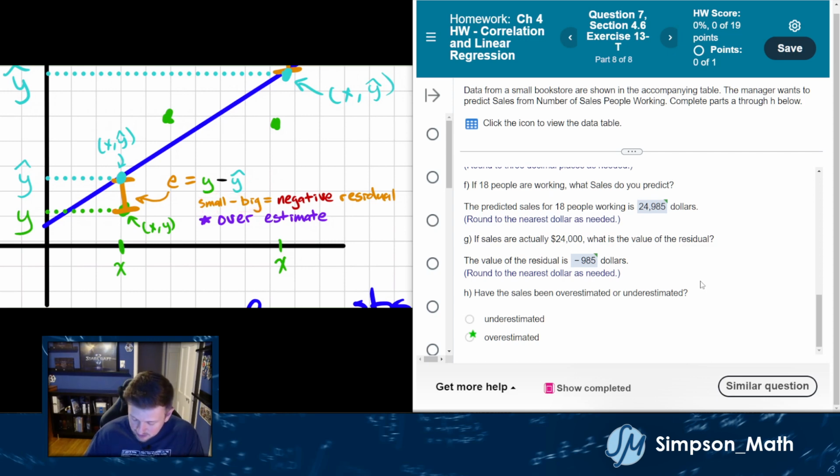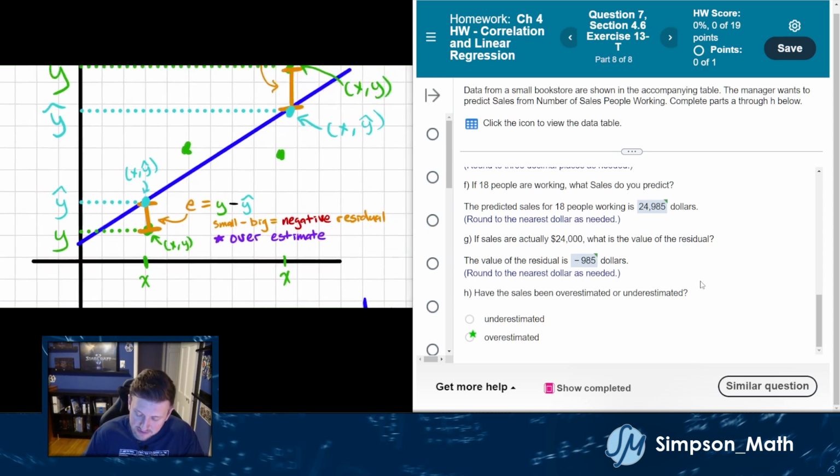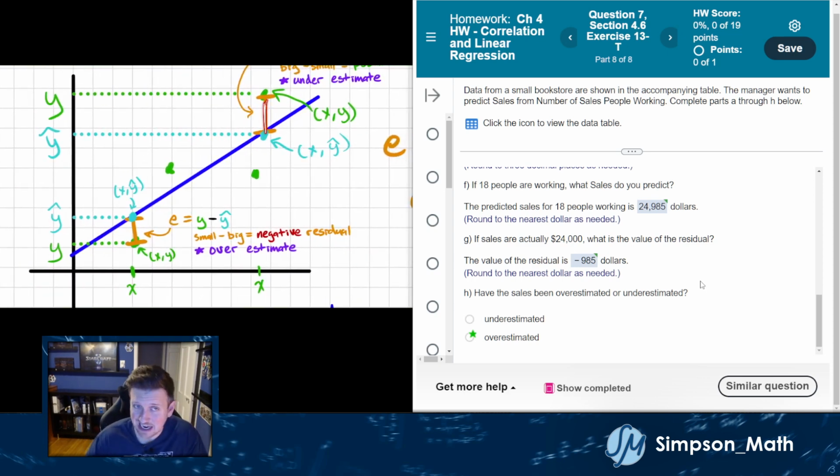So I have a small value minus a big value, which can produce a negative residual. So these residuals are the distance and direction. The y value is in relationship to its predicted value, distance and direction, just like our deviations are.